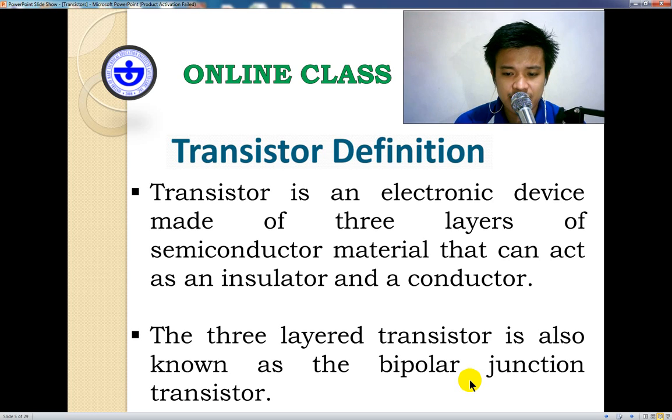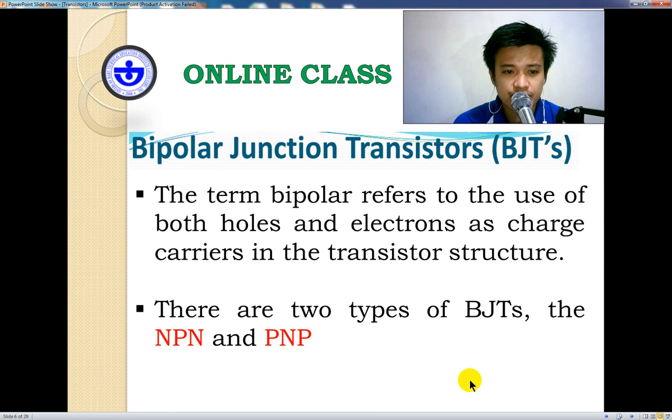So in this video we will only be focusing on the bipolar junction transistor. Okay, I hope that is clear. So here we have the bipolar junction transistor, or the shortcut for that is BJT.